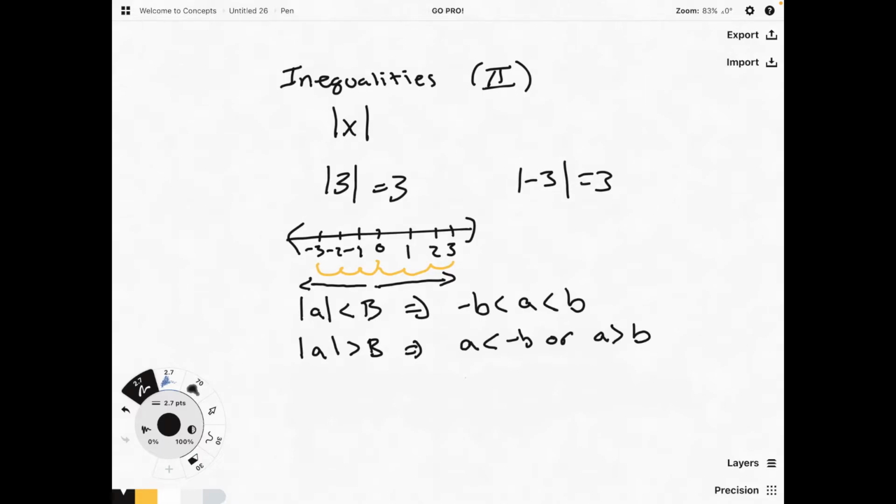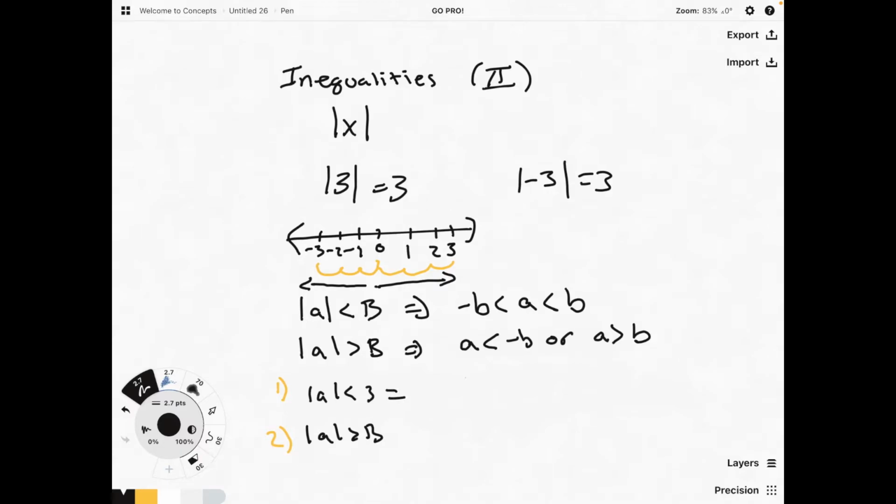If we put this on a number line, for the first one, we would get the absolute value of A, which is less than 3. And on the second one, we would get the absolute value of A, which is greater than B.